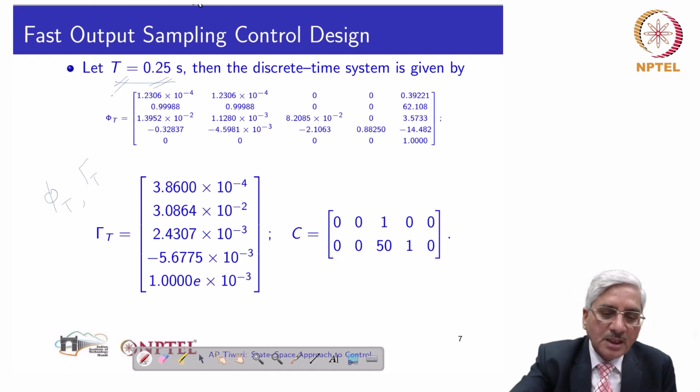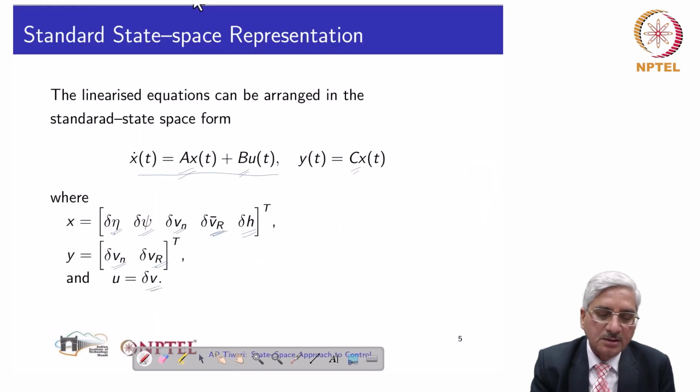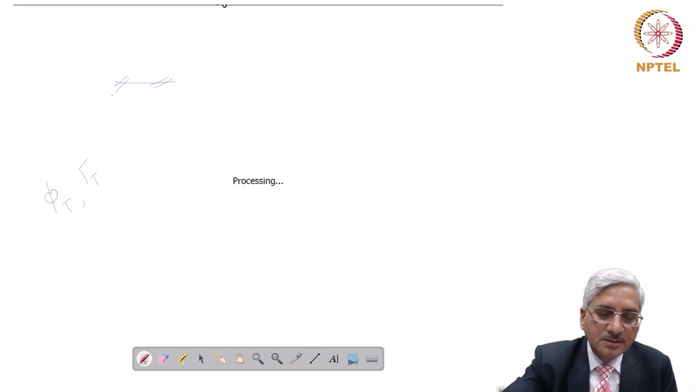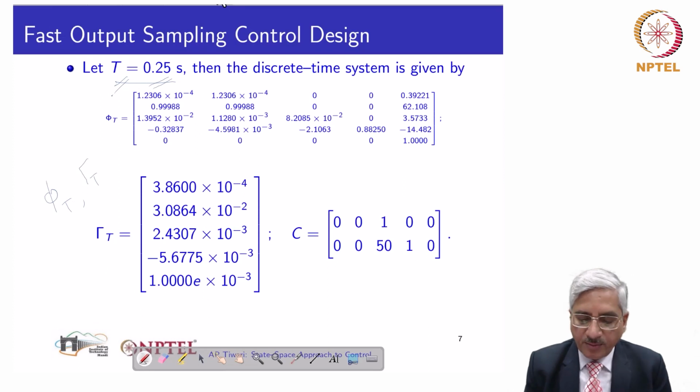For the continuous time system given here, x dot equal to Ax plus Bu, we obtain the discrete time system characterized by the matrices phi T and gamma T. The system is x k plus 1 equal to phi T x k plus gamma T u k, and of course y k is C x k.